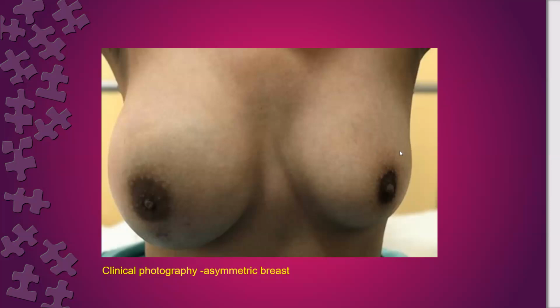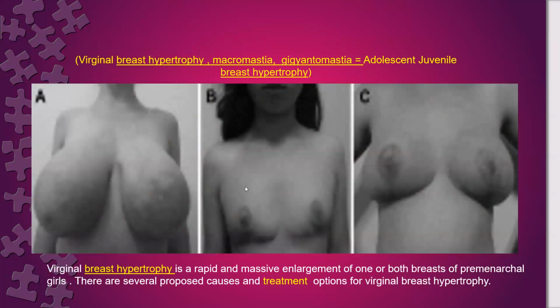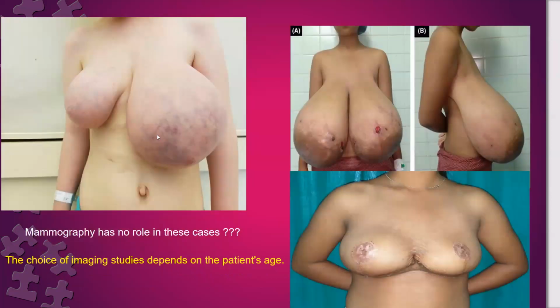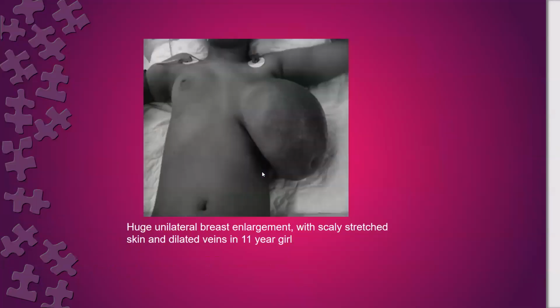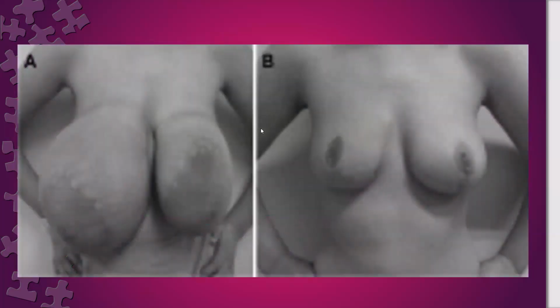Here, this breast is almost completely normal. If you look here, this is bilateral. If you go here, both are abnormal. So you will think here, Nora's thinking was excellent. She said this is a tumor. Yes, she has to exclude tumor because the other breast is completely normal.